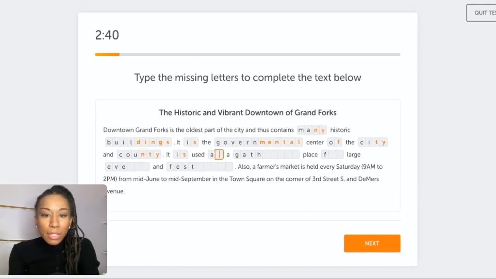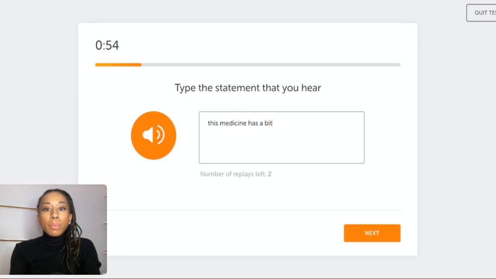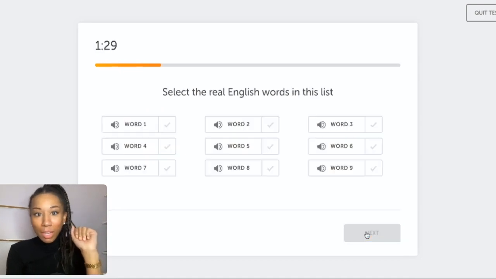It is used as a gathering place for large events and festivals. Also a farmer's market to sell every. Oh, I'm done. This medicine has a bitter taste. Capitalize that. See? Bada bing, bada boom, as we say in New York.